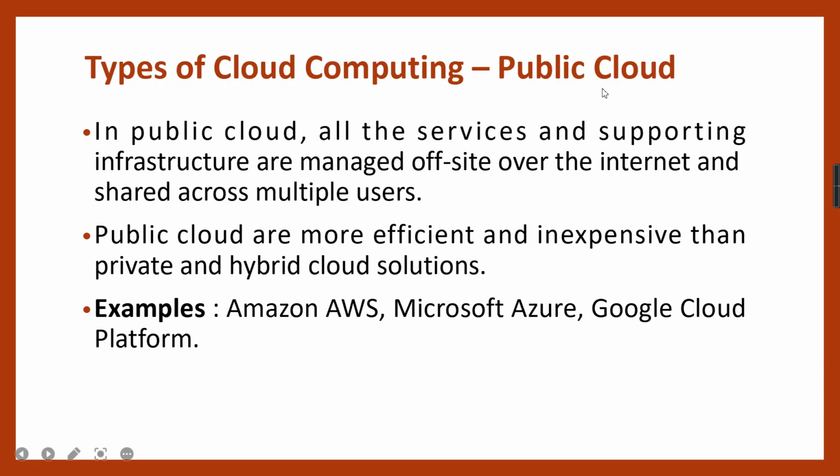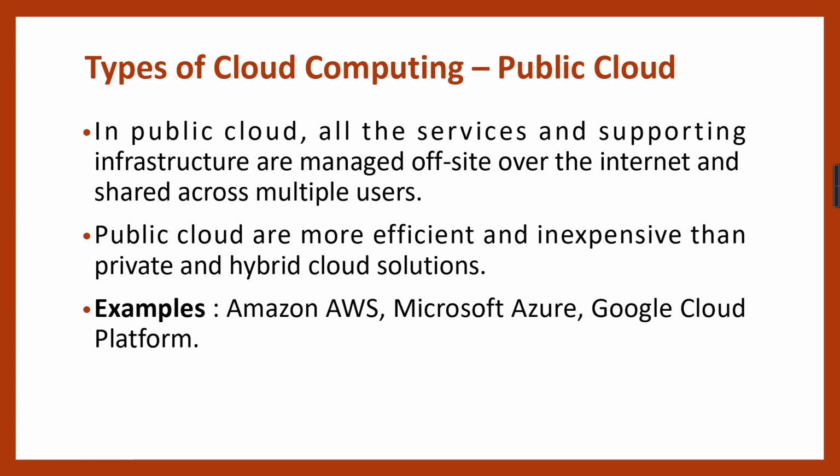In the textbook, it's described only about public, private, and hybrid. We shall study the points about them. In public cloud, all the services and supporting infrastructure are managed offsite over the internet and shared across multiple users. See the example of Google Cloud Platform, and along with that, we also have Amazon AWS, Amazon Web Services, then Microsoft Azure.